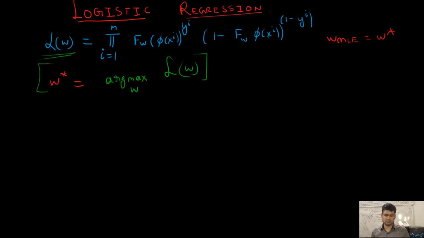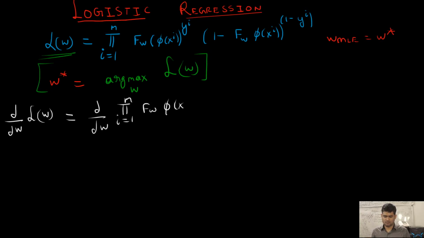To maximize this, we compute its derivative and set it to 0. So we can compute the derivative with respect to the parameters w of the likelihood function, which is phi of x_i to the power y_i times 1 minus f of phi of x_i to the power 1 minus y_i.